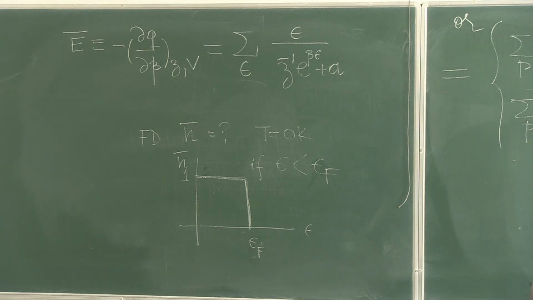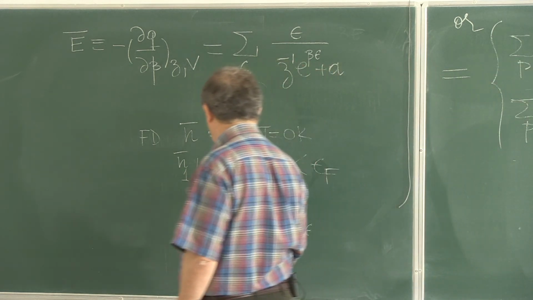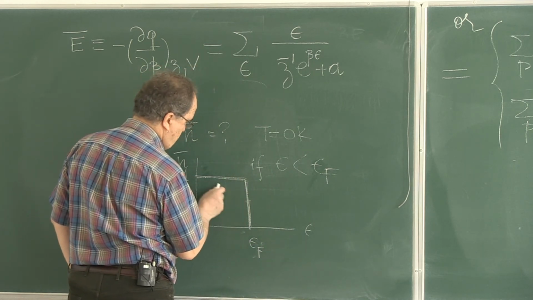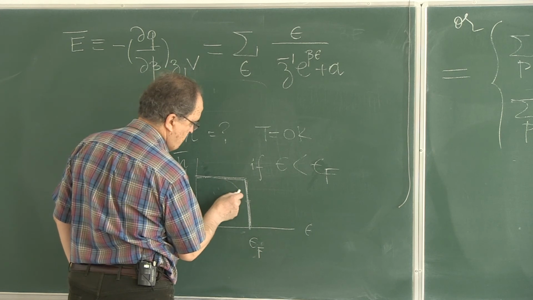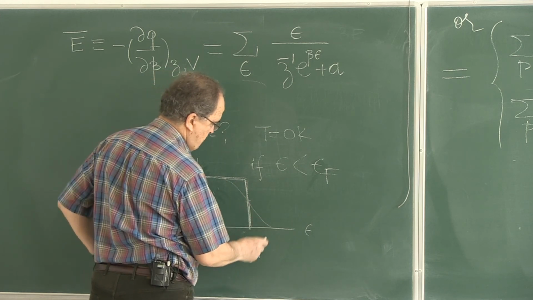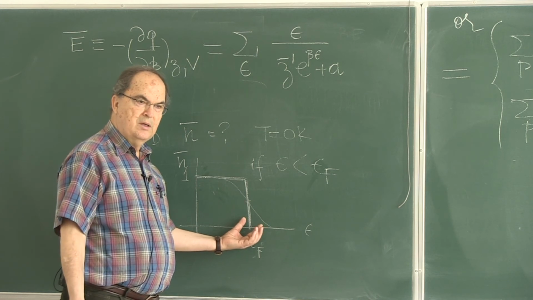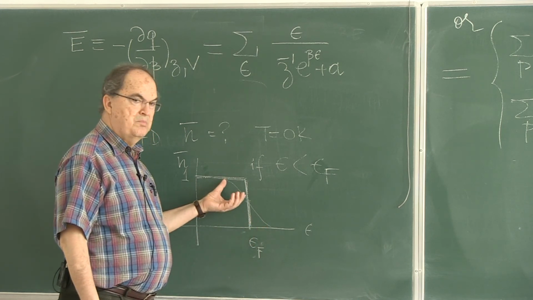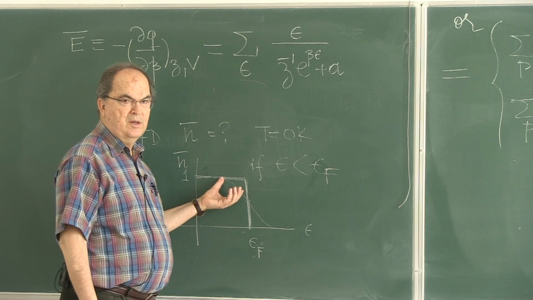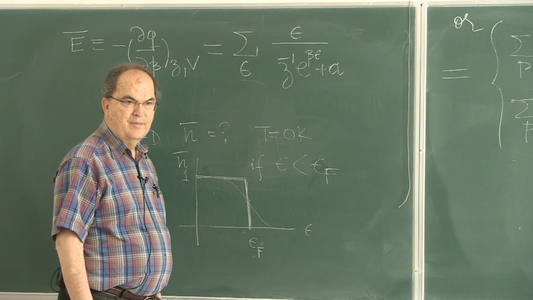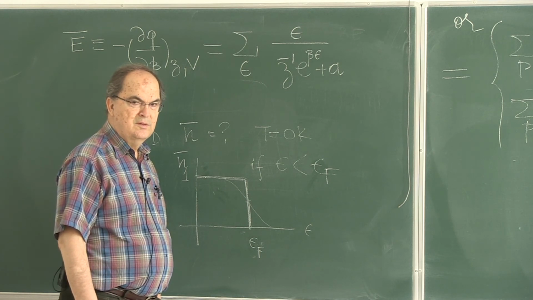Now, if you increase the temperature, this goes like that. Some of the states above the Fermi energy will be occupied. Some states below the Fermi energy will be unoccupied. Extremely important.